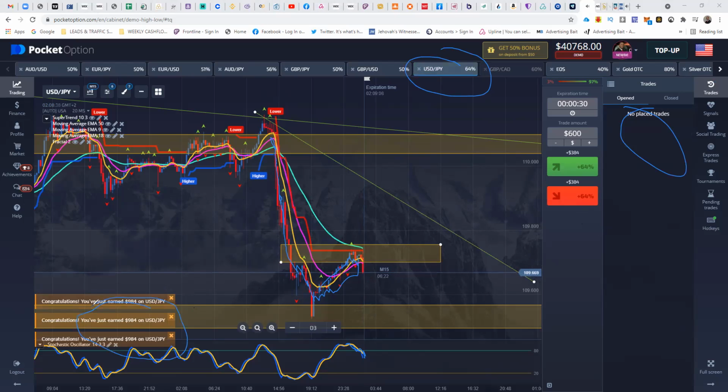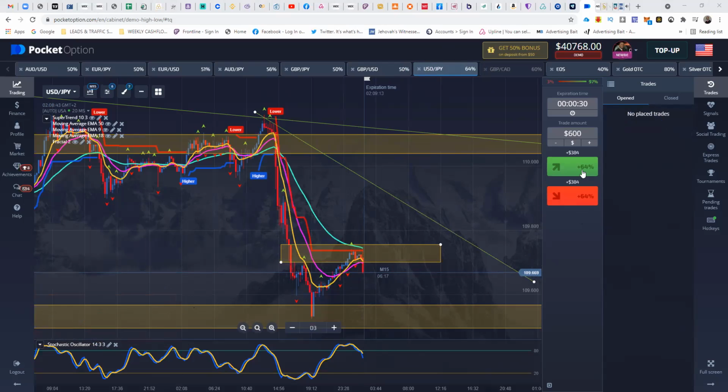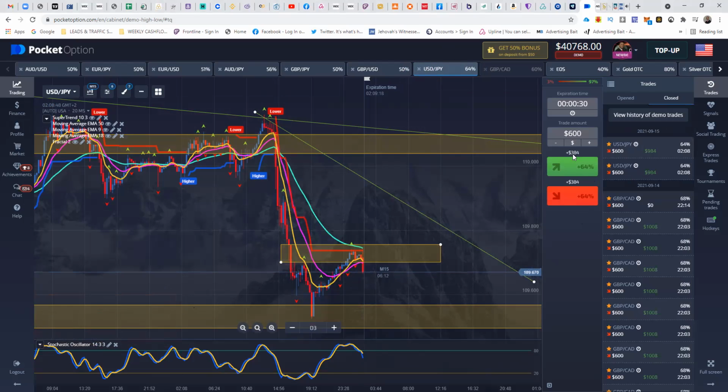Bam, bam, bam, bam. So what we did is we got our initial investment back on both of these, plus the 384. That's why it equaled out to $984. We added $600, which is our trade amount, plus the profit they were going to pay us.